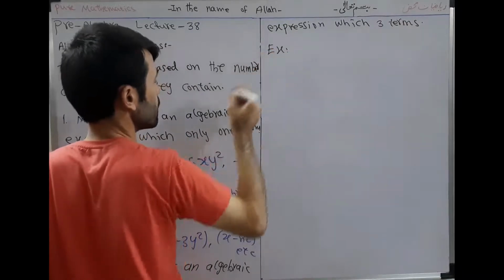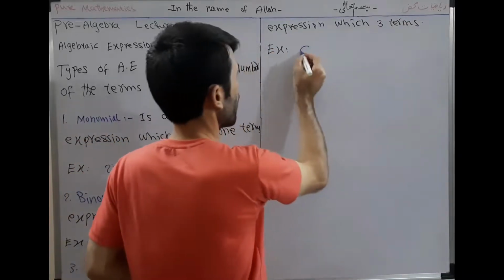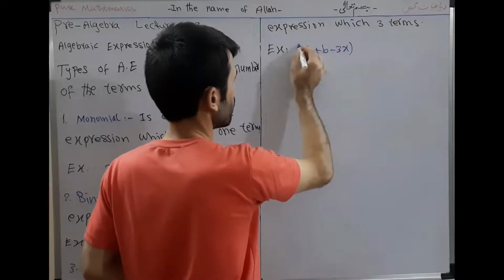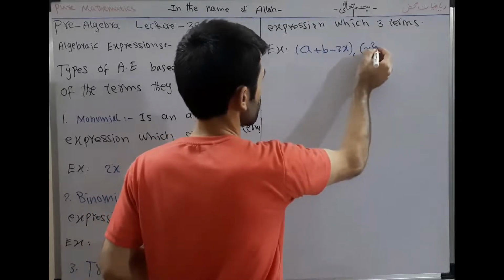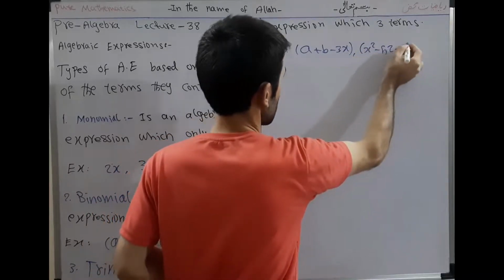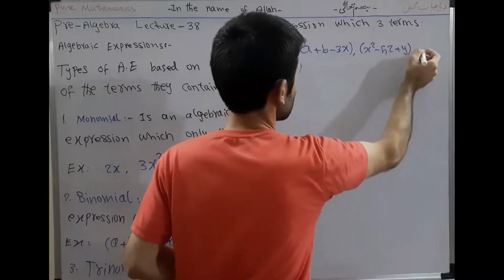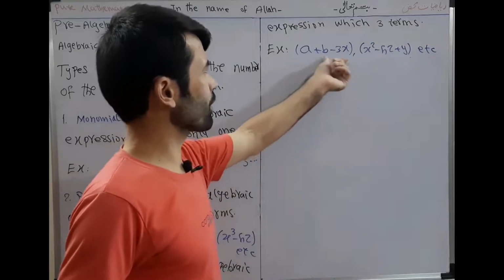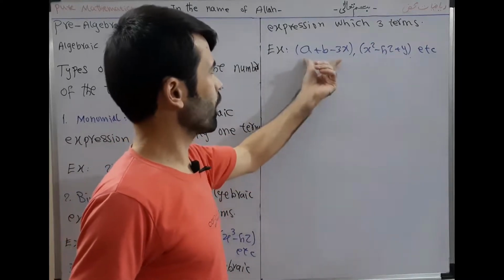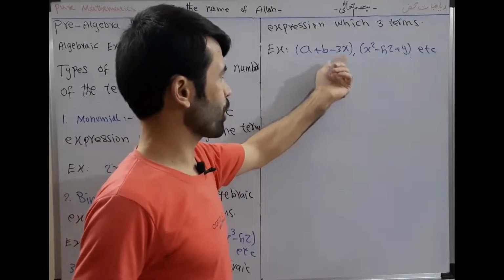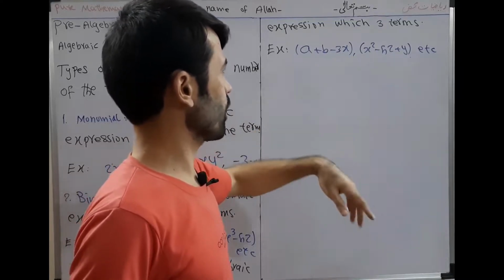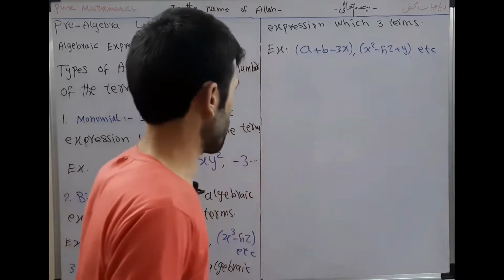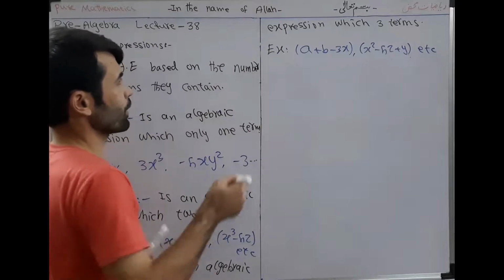Example: a plus b minus 3x, x cube minus 5z plus y, and etc. They are trinomials because they have three terms: a plus b minus 3x is a trinomial. Also, this is another trinomial. They are called trinomials because they have three terms.